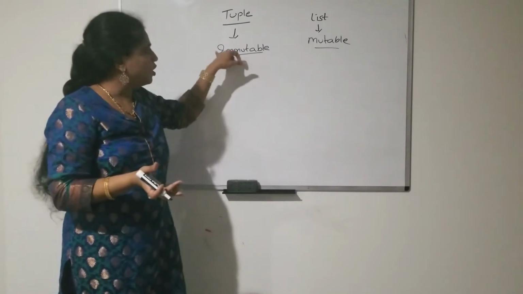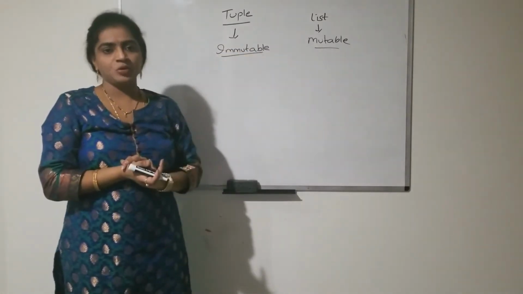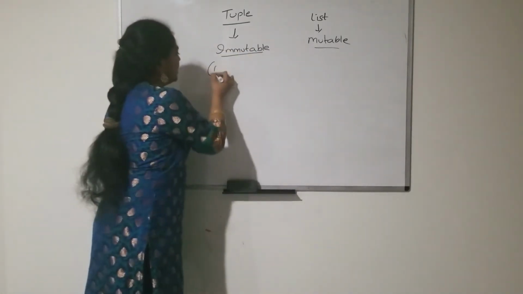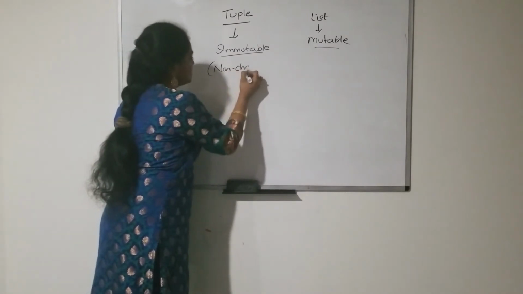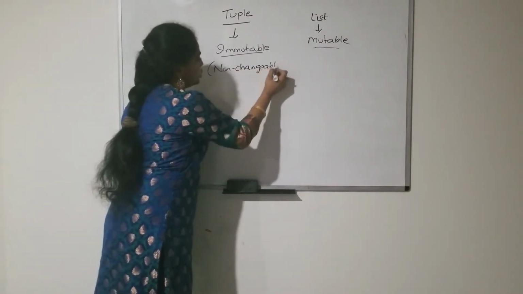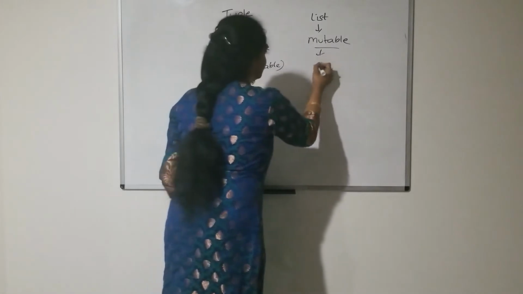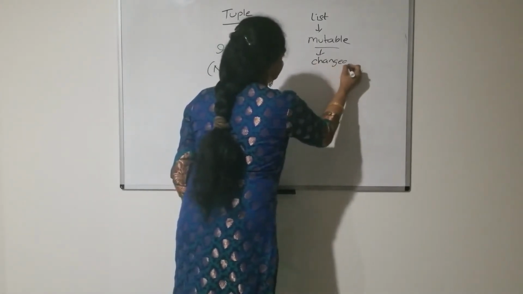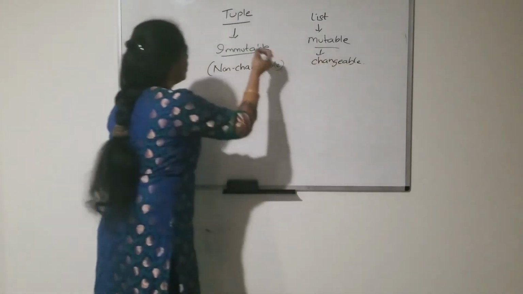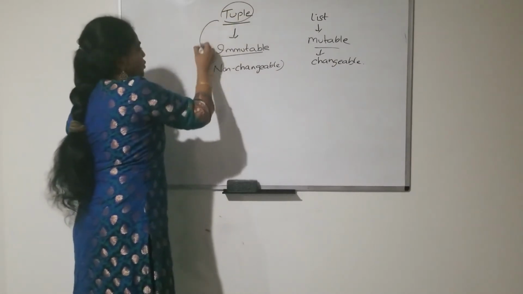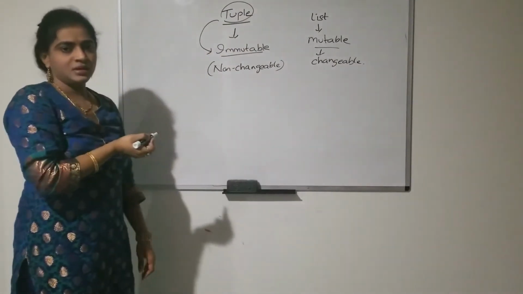That property is called immutable. So, immutable is nothing but non-changeable, and mutable means it is changeable. So, tuple is an immutable data type.